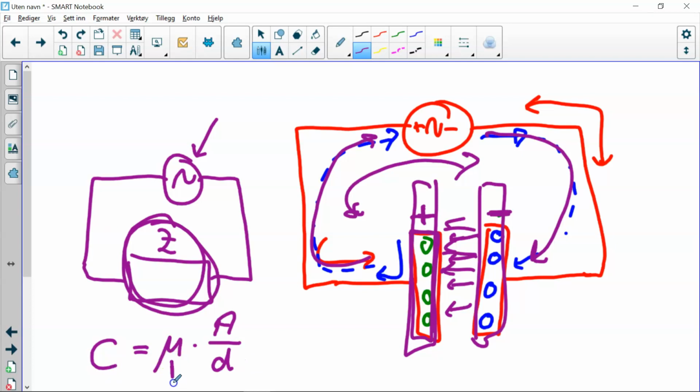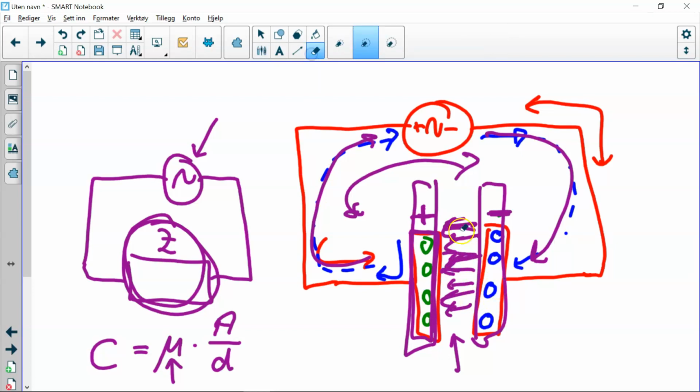The mu is the material that we put between the two plates here. If we have vacuum, the vacuum is not a very good material to help the electrical field between the two areas.